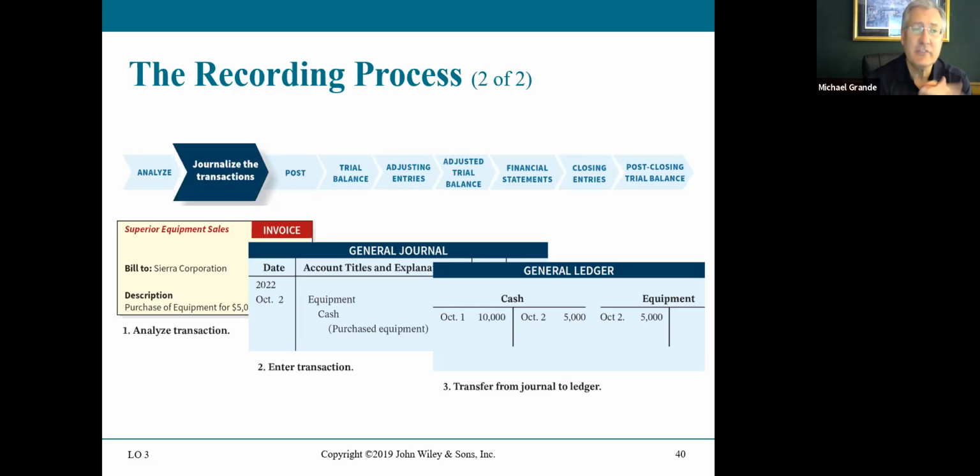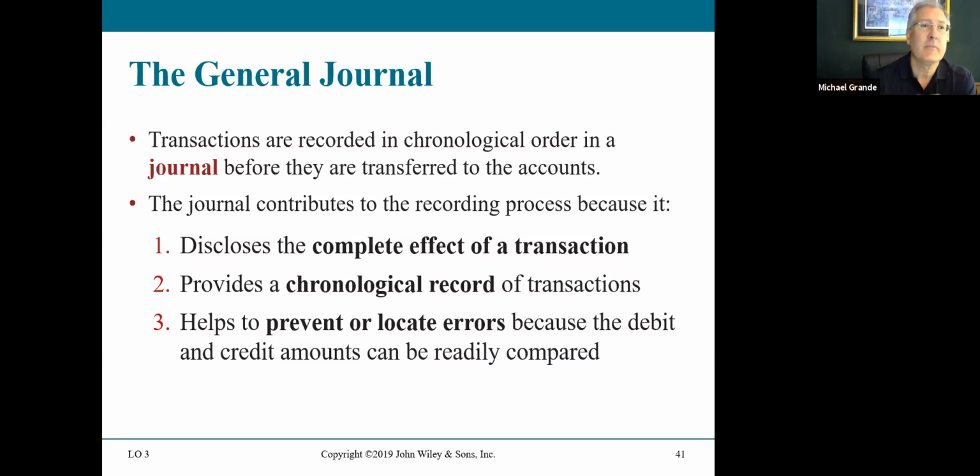So we're going to understand the transaction, prepare a journal entry, and then post it to the T account. The transactions are recorded in chronological order in a journal before they are transferred to the accounts. The journal contributes to the recording process because it discloses the complete effect of a transaction, provides a chronological record, and helps prevent or locate errors later on.